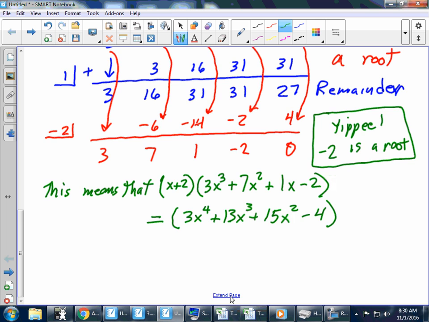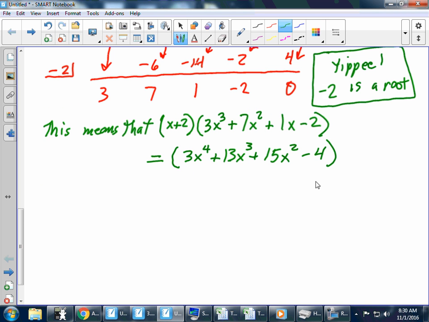Now, what could we do to get this? Remember, our goal is to get this cubic down to a quadratic. Once we get it down to a quadratic, we can use our good old quadratic formula. What could we do to get this down to a quadratic? Right, we can do synthetic division again.